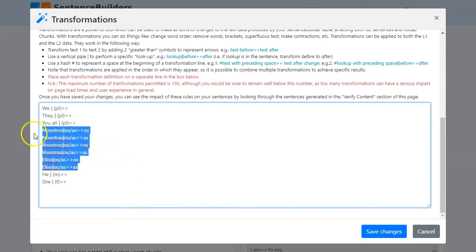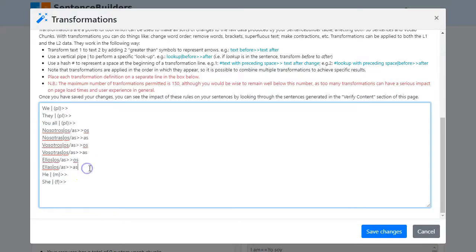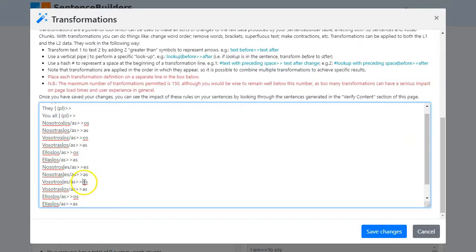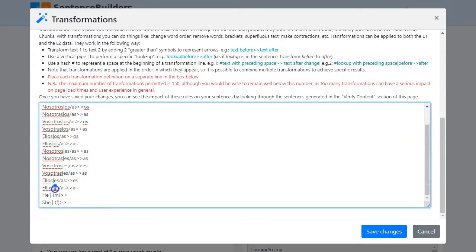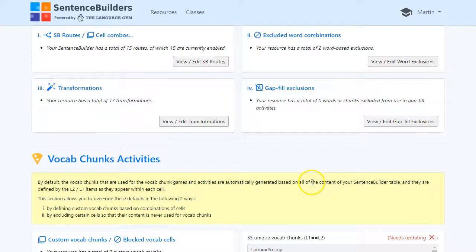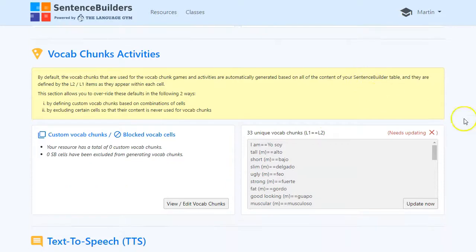So essentially all I need to do is copy these, do them again, but with es and as. Es becomes es, as becomes as, and so on. Okay, and if I save the changes there, we can now have a look at our vocab chunks.